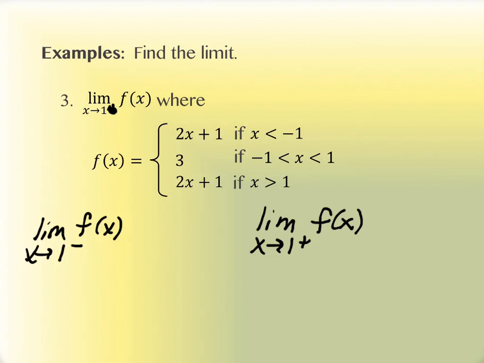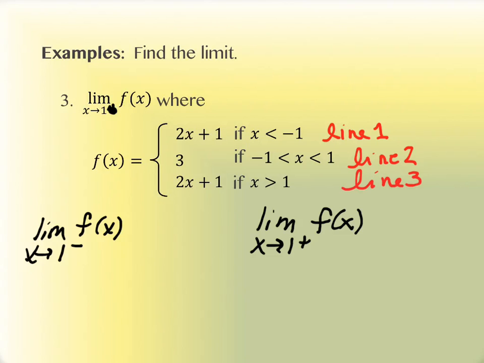So if I'm going with x equals 1 from the left, which line of this function am I on? Here, I'll label them. This is line 1, line 2, and line 3. Which line of the function am I on if I'm approaching x equals 1 from the left? Lines 1 and 2.